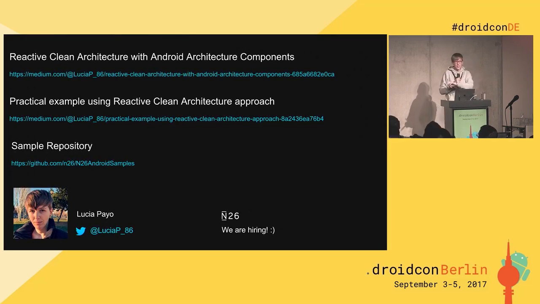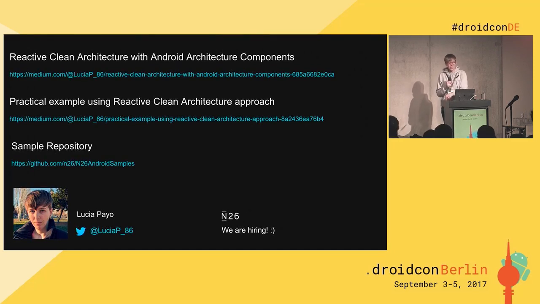That's why I created a couple of blog posts. There is a sample repository where you can see everything, how it's implemented and how it's built, if you are curious. I think I talked pretty fast. There is some time now for questions, I guess. But how much time do I have?